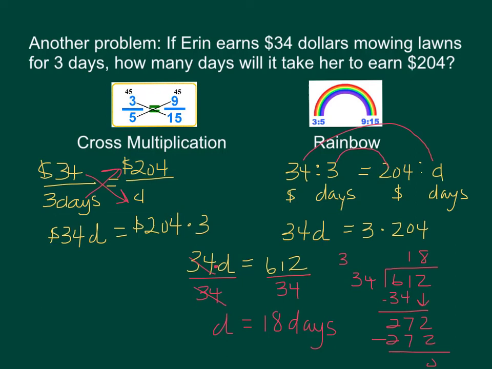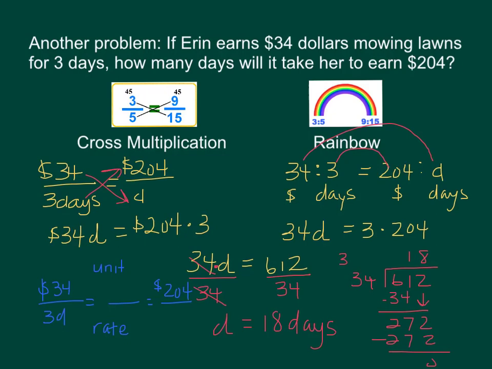Now keep in mind, I could still solve this the way we learned in our lesson 13-2. I could go ahead and take this 34 to 3 days, and I could find a unit rate, and then I could go from there to our target rate.